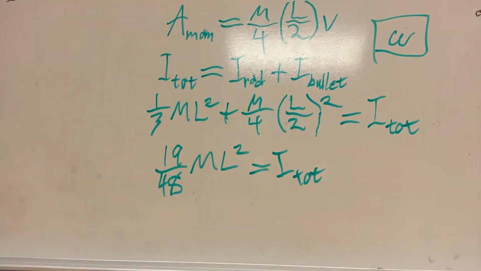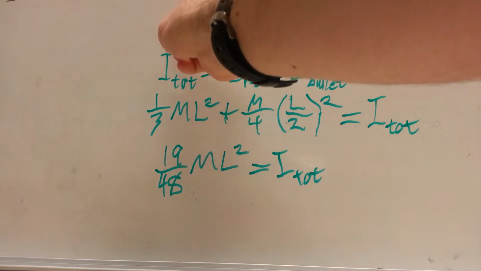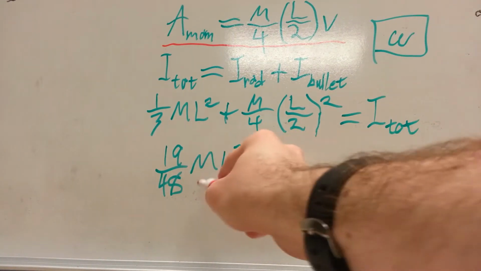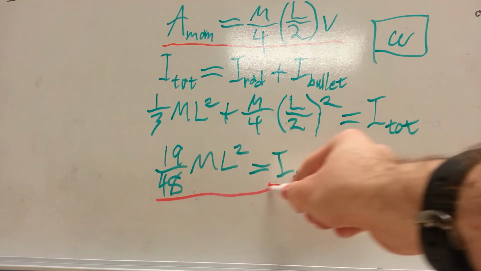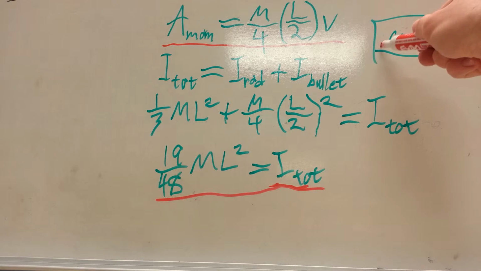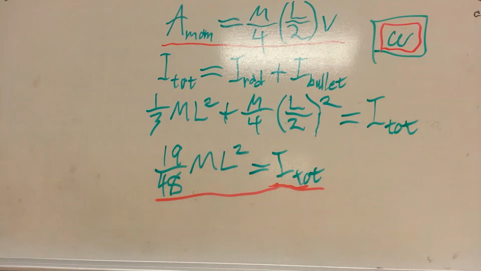Okay. So, care about this. Care about I total, right? Because that will help us find omega, like so.